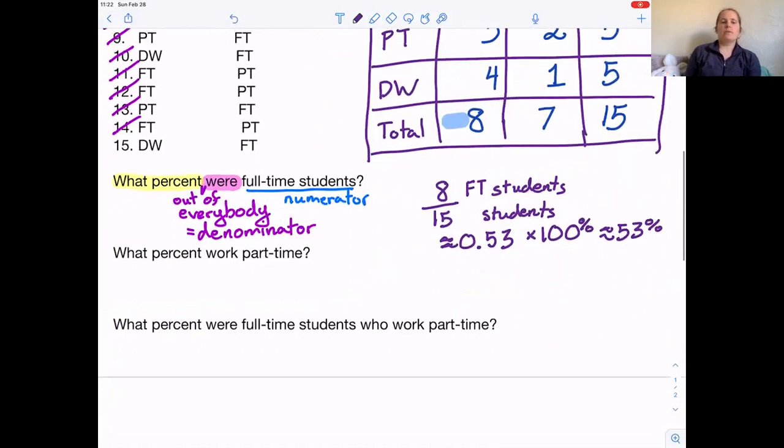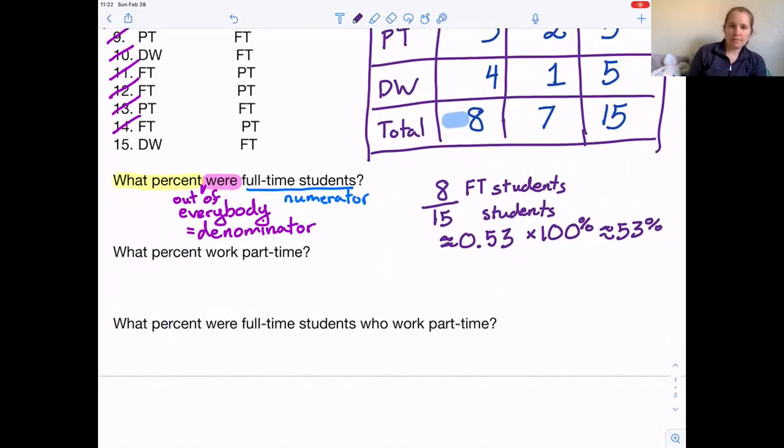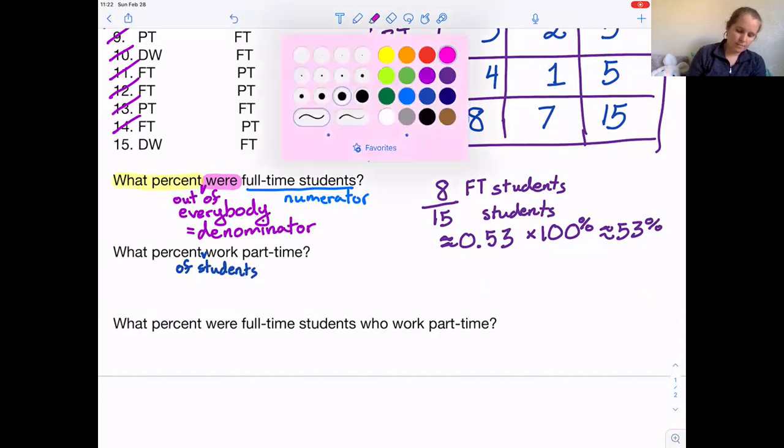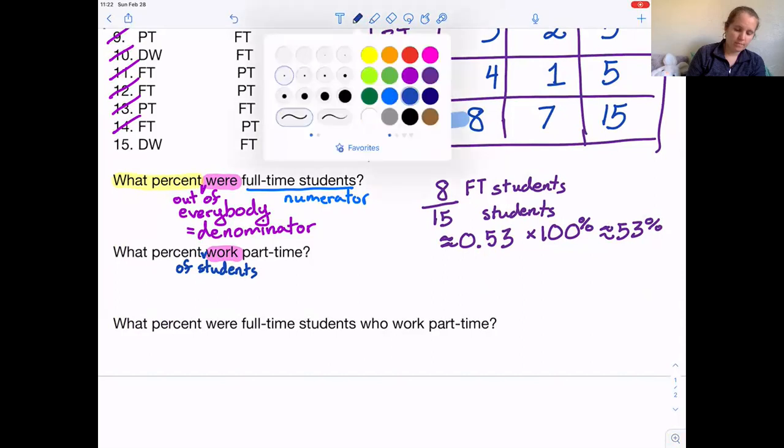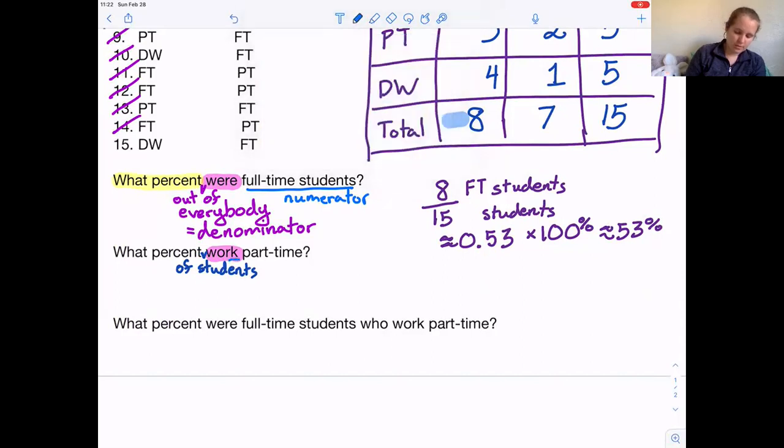Now we want to do what percent work part-time. So again, there's a hidden of what percent of the students work part-time. Work is acting as our verb. We're specifying work part-time. So this is our numerator. We are again looking out of all students.